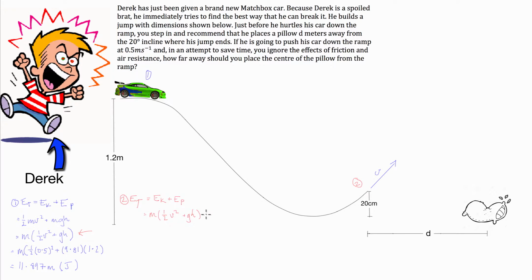So this has got to equal 11.897 m. Before I substitute in my numbers, you can see that I've got an m on both sides. So I'm going to divide both sides by m, just a little bit of algebra.